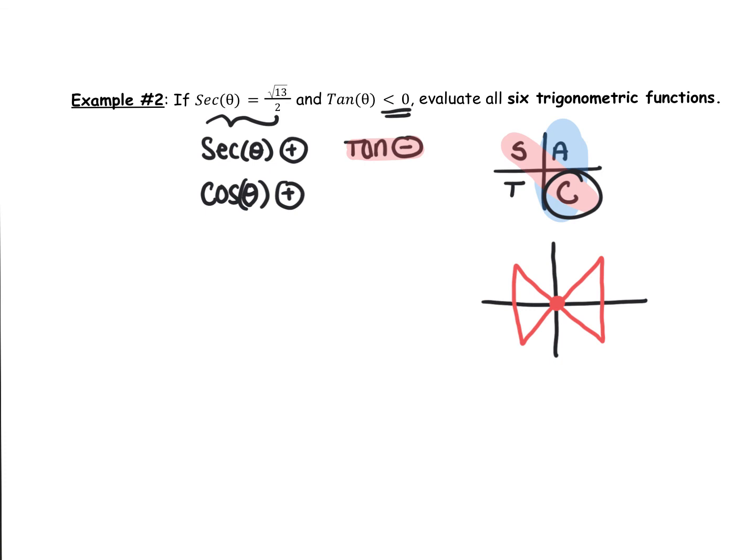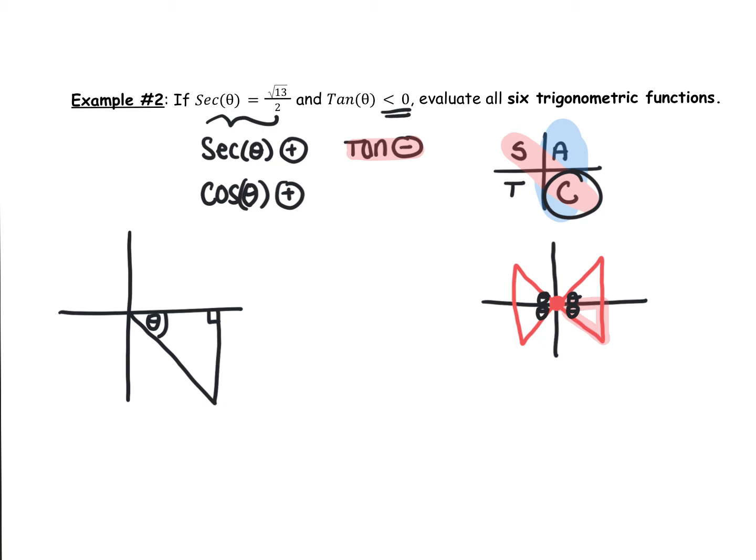So since we're in quadrant 4, we're going to draw this triangle. So our picture is going to look like this. We are literally only taking this piece because we're in quadrant 4. And this will be the theta. It'll always be next to the bow tie, right? The theta will always be next to the middle.